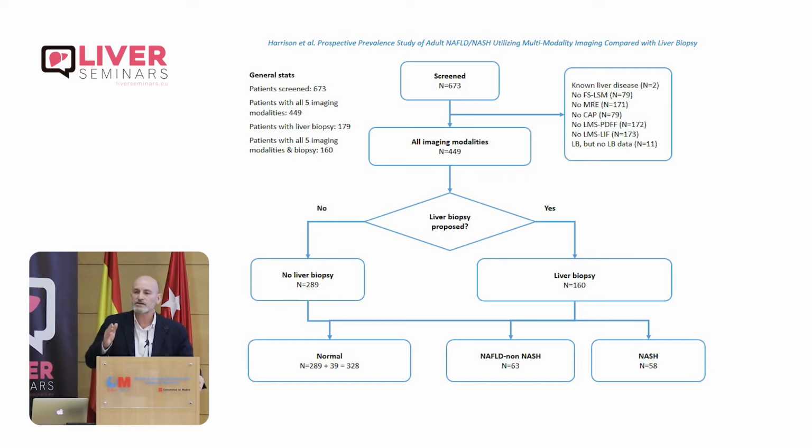In patients in whom they demonstrated any alteration, liver biopsy was proposed, and in the majority of them, no liver disease was found and no liver biopsy was done. 328 patients showed a normal liver and no liver biopsy, and 160 underwent liver biopsy: 63 with NAFLD without NASH, and 58 with NASH.